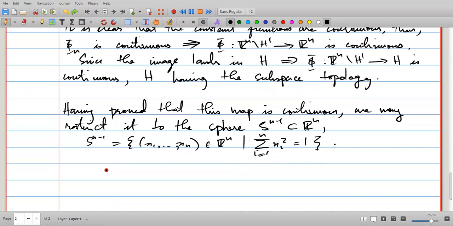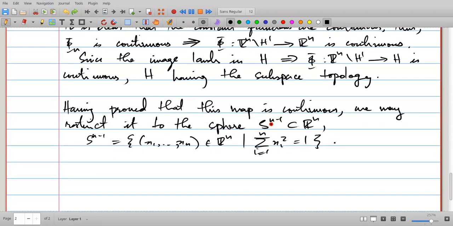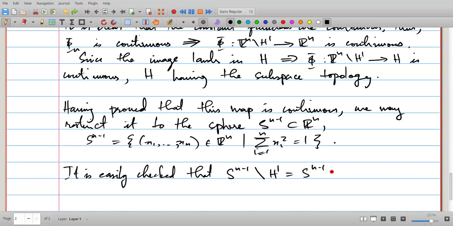Okay, so we cannot restrict it to the sphere, we can only restrict it to the sphere intersected with Rn minus h prime. Let me leave this, it is easily checked, that Sn minus 1 minus h prime is equal to Sn minus 1 minus p.